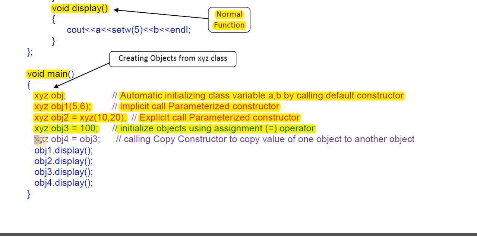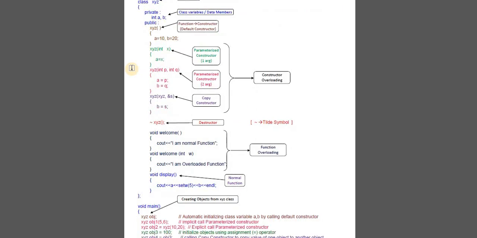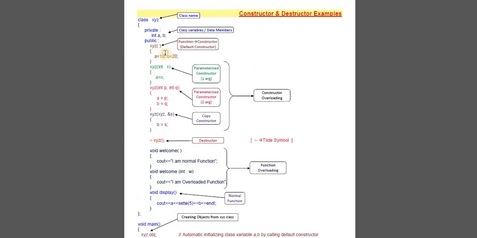Next, here object 4 is created and assigned the value of object 3. So this technique is called invoking the copy constructor, like this. So this is about constructors. The important thing is you have to identify the difference between a constructor and a normal function.